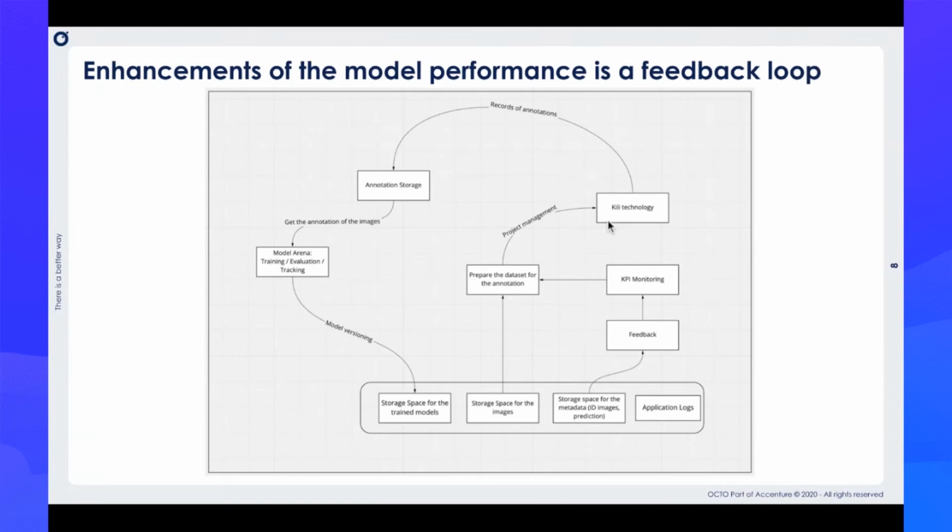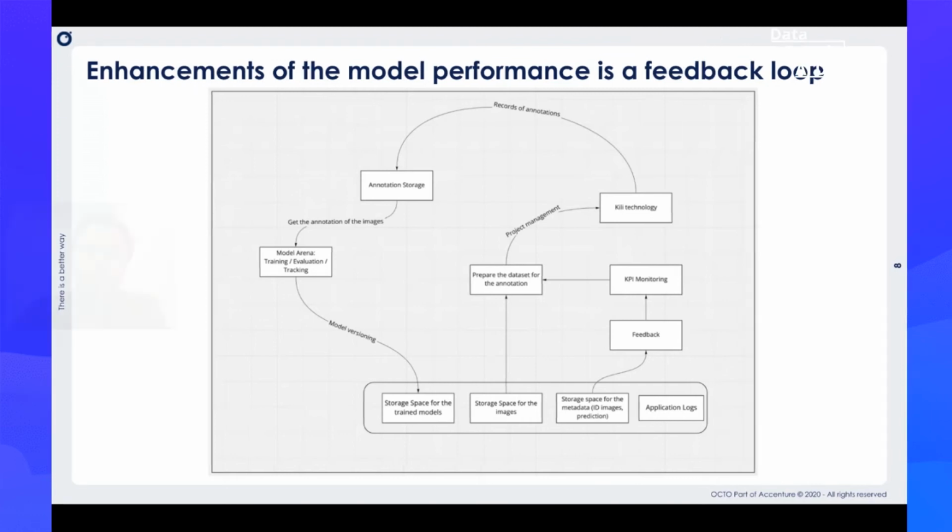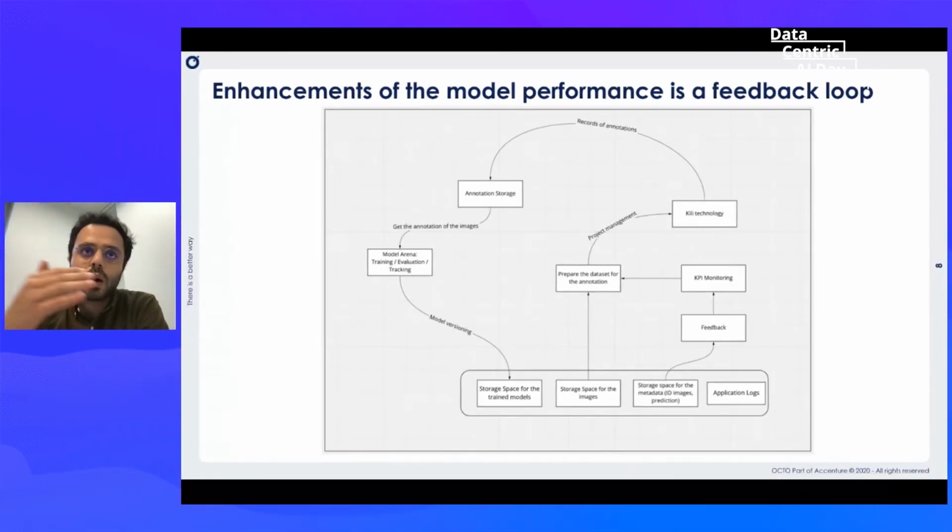We developed a KPI monitoring to monitor the performance of the model, and if the performance of the model is good enough, then we will continue monitoring. But if we notice a tendency of the performance going down, then we will retrain the model, and therefore we need to prepare a data set for the annotation.